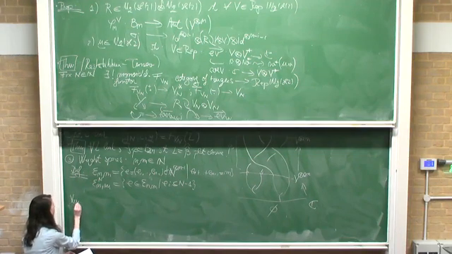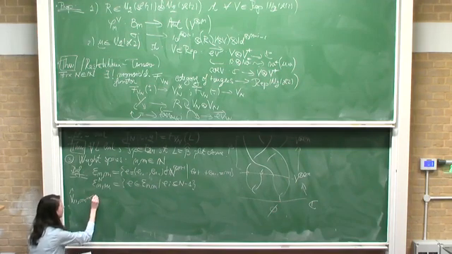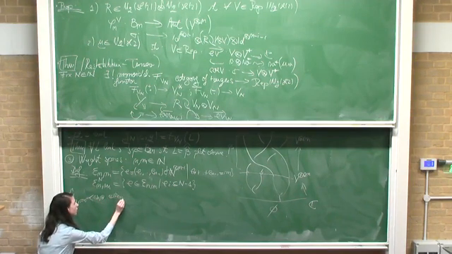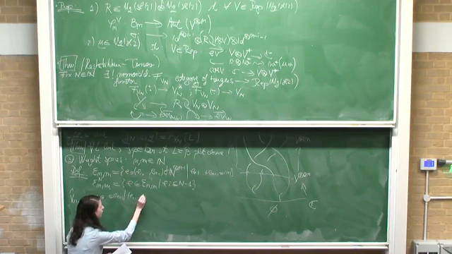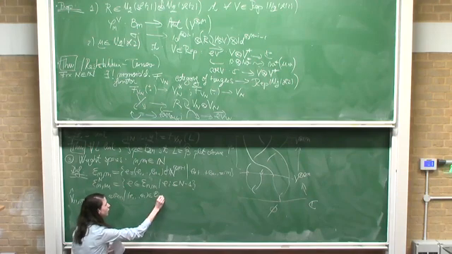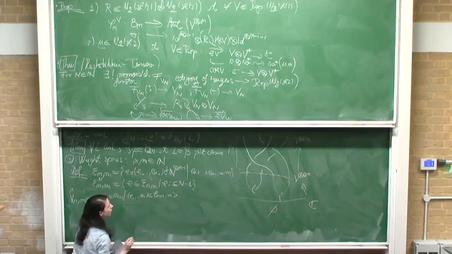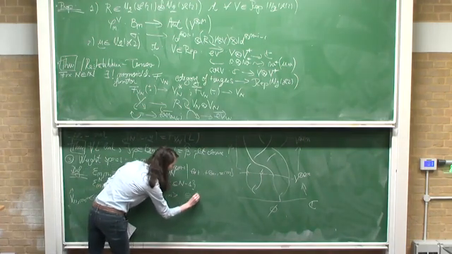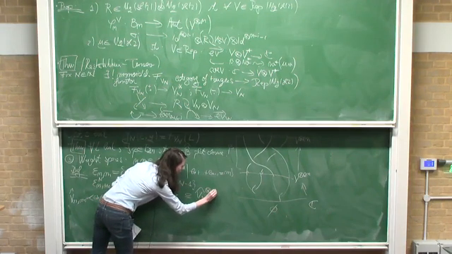W n m hat will be generated by v e1 up to v en, such that e1 to en is in E n m, and this will be inside the Verma module to the tensor power n.